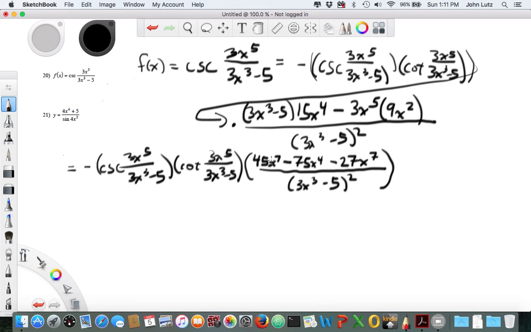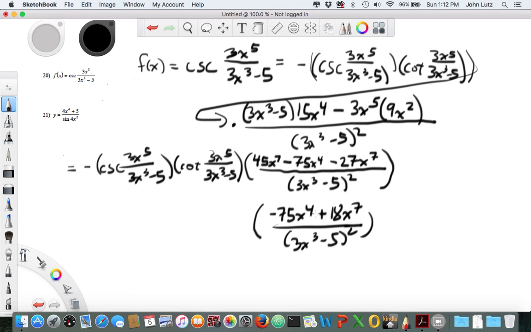Then I can simplify this: 45x to the seventh minus 27x to the seventh is 18x to the seventh, minus 75x to the fourth. So this portion ends up being negative 75x to the fourth plus 18x to the seventh over 3x cubed minus 5 squared.